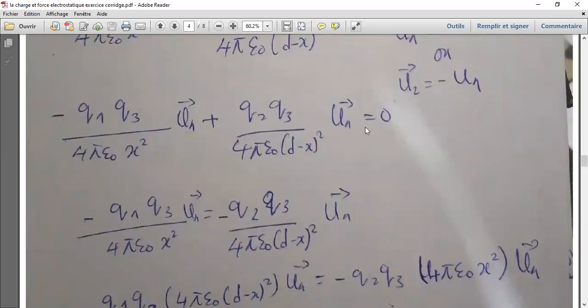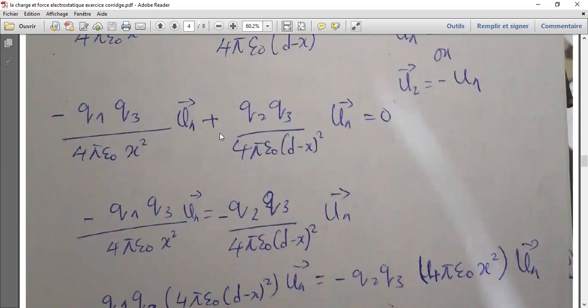after you have made your equation similar, you have u1. What you do is you take one part of the equation and cross it over the equal sign, which will be negative q2, q3, u1 divided by, I've just gotten this one here and I've taken the other side.